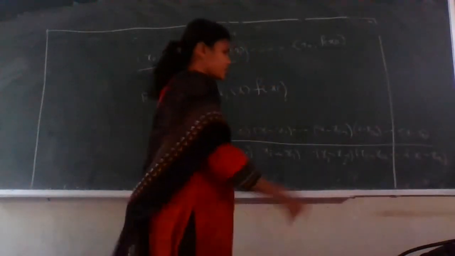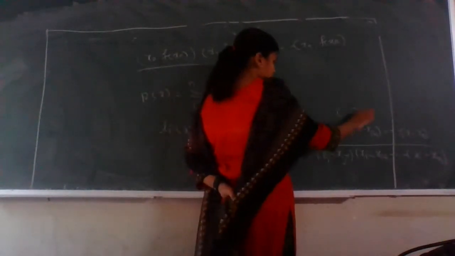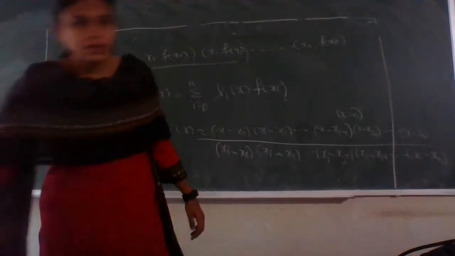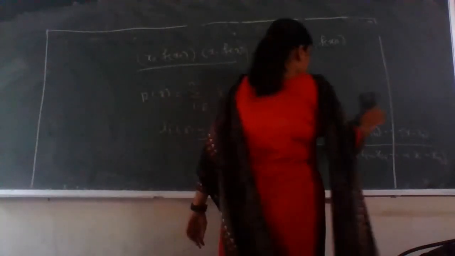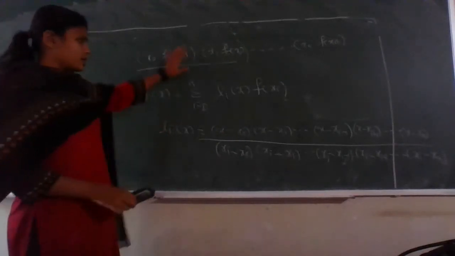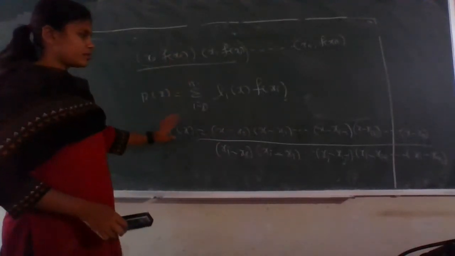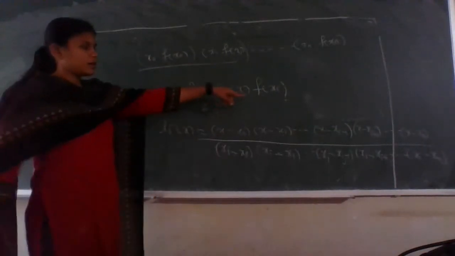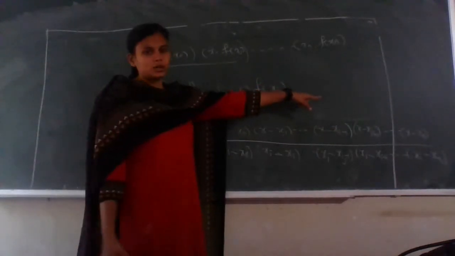Suppose if you have taken the term of x minus xi, what will be denominator? Xi minus xi, that is 0. 1 upon 0, that is the term. It will tend to infinity, that is not defined. So just now we have solved the example also. In that also we are getting x minus xi. अगर यहाँ पे L naught है तो obviously the term of x minus x naught will not be there.